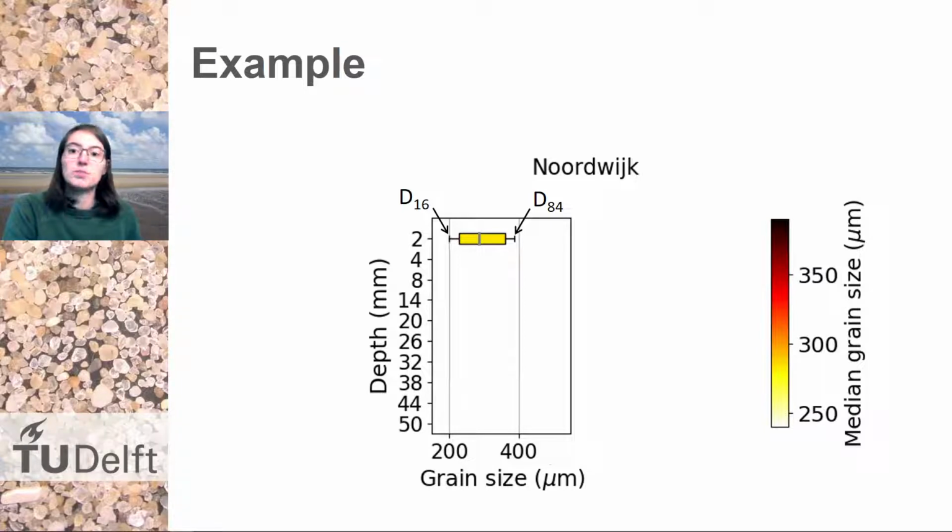I just want you to remember that when that box plot is wider, the distribution of the grain size is wider. So there's a larger contribution of finer grains and coarser grains. Depending on the width on either the right side or the left side of the D50, if it's on the left side there's a lot of fine grains, and if it's on the right side and it's wider, it's a lot of coarse grains.